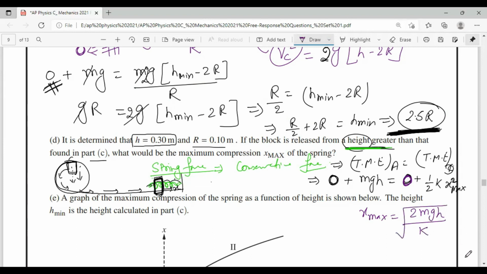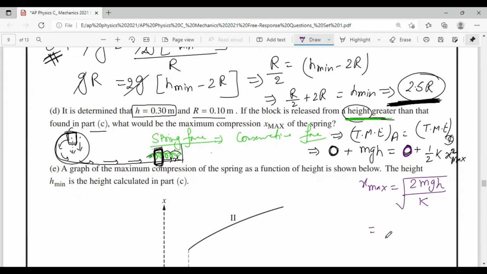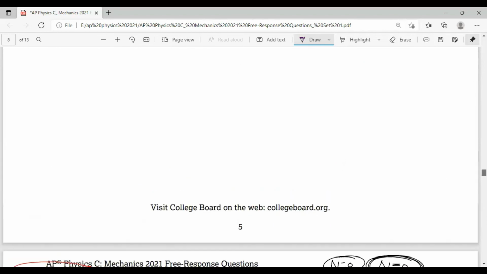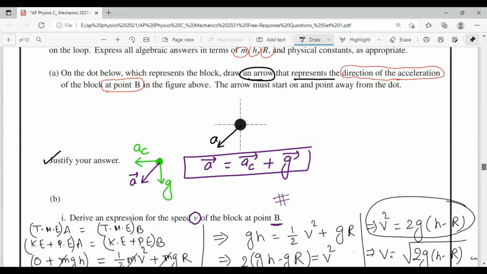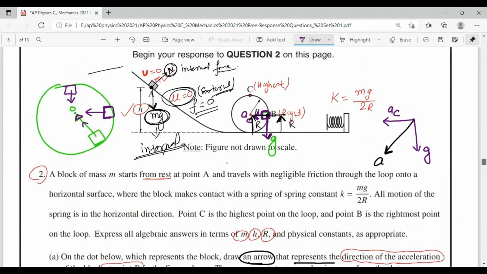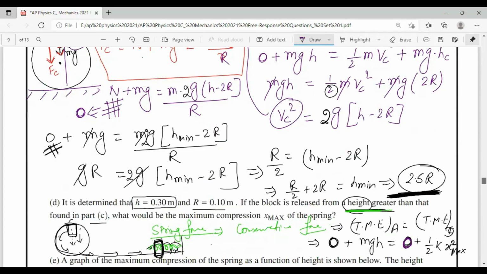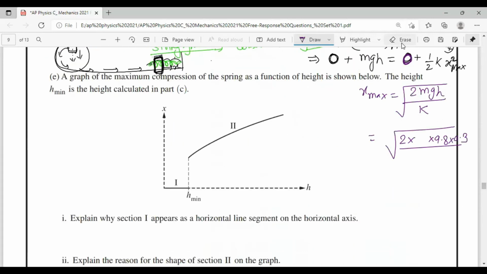So when we put the values, m is given, g is 9.8, h is 0.3, and let us see the value of k. K is mg upon 2r.